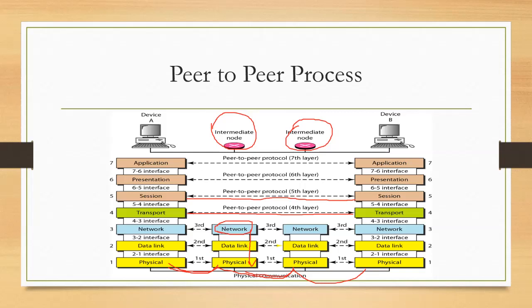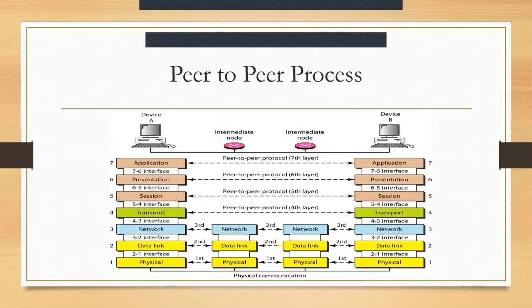The data packet does not reach the transport, session, presentation, and application layers of the intermediate routers. That data packet will reach those layers at the receiver only, and that is why it is called the peer-to-peer process. Whereas up to the network layer, the data packet will reach the network layer of each and every intermediate router.